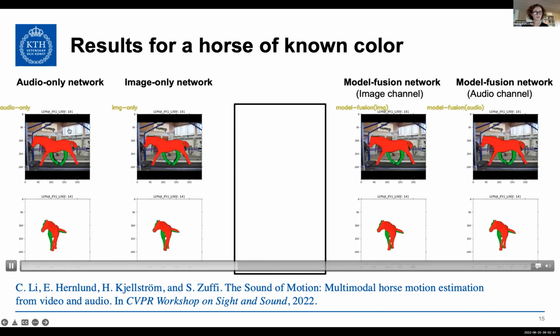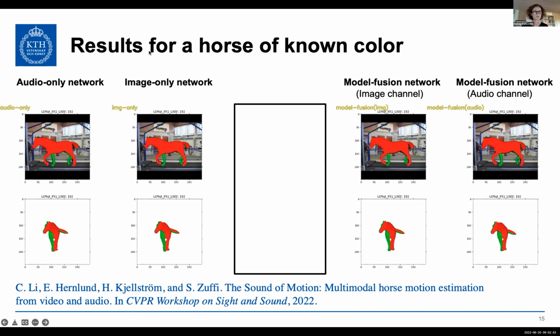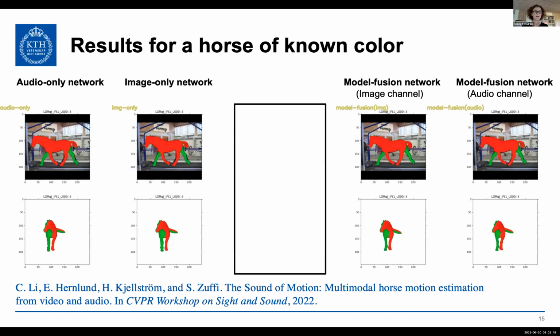So these are results where in the training set we had only brown horses, and then we tested with yet another brown horse. So it's quite an easy problem. The horse is centered, and the network has learned fine how to classify. Now it stops for some weird reason.